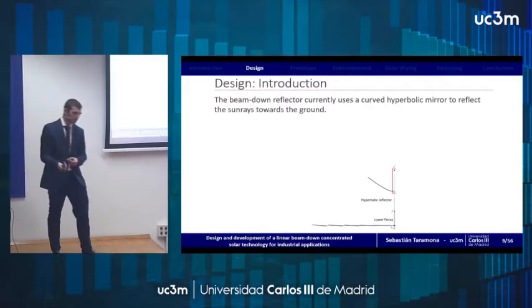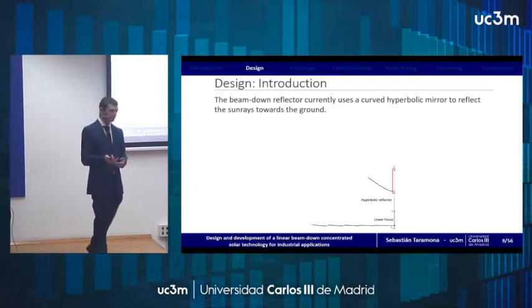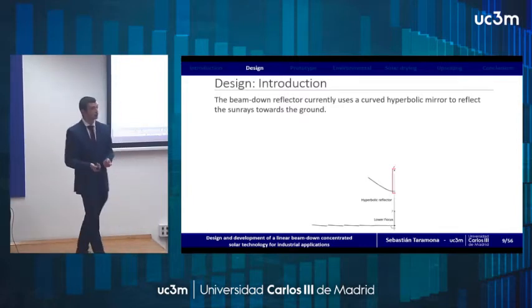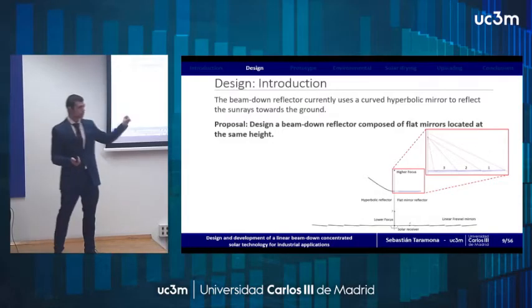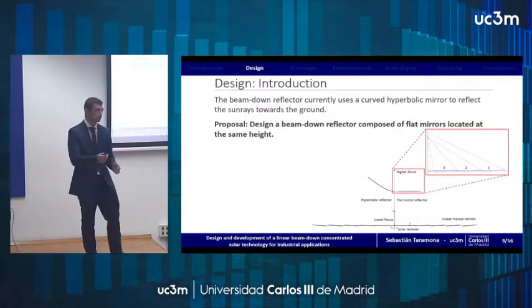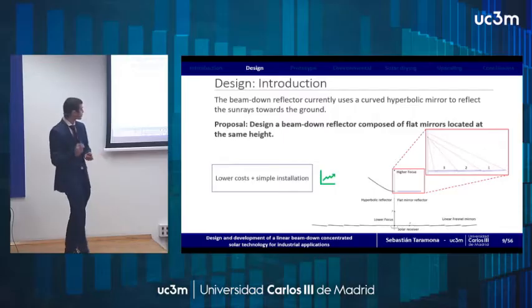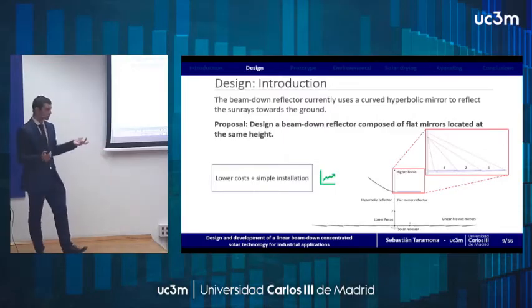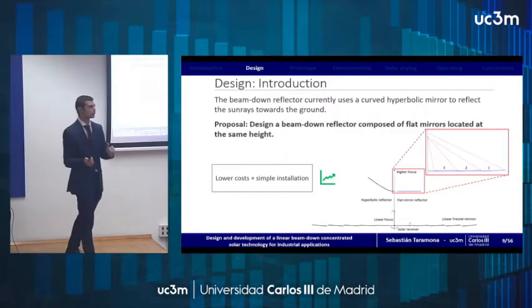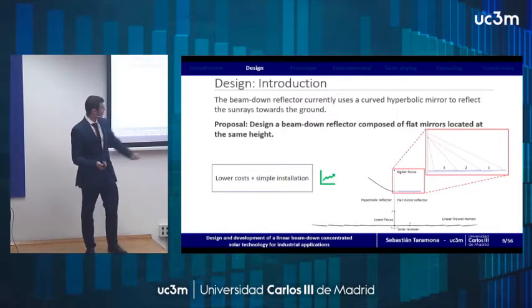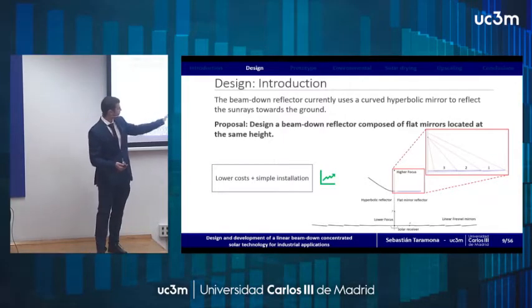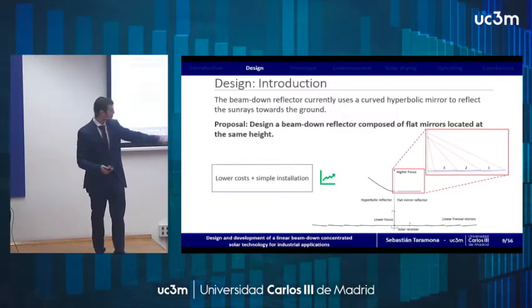However, a hyperbolic mirror is not particularly cheap. So what we want to do instead is develop a beam down, but only using flat mirrors and all of them located at the same height. This also allows us to simplify the installation process of this beam down technology. As you can see in the figure on the right side, you can see both approaches. First the hyperbolic reflector, and then using flat mirrors.